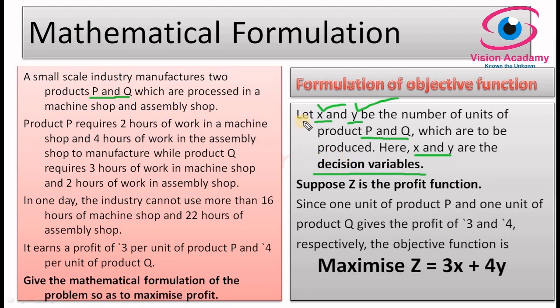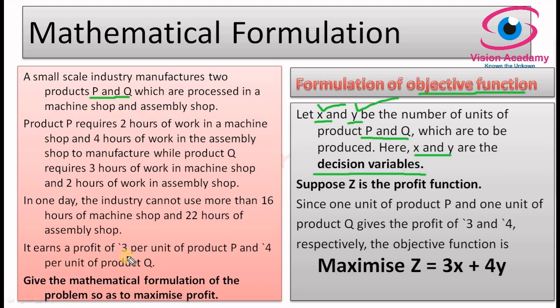The objective function is the ultimate aim of the problem, whether to maximize or to minimize. In the objective function, you have to take the optimum decision. The decision variables will be there, and along with the decision variables, the main intention of the given problem will be there.